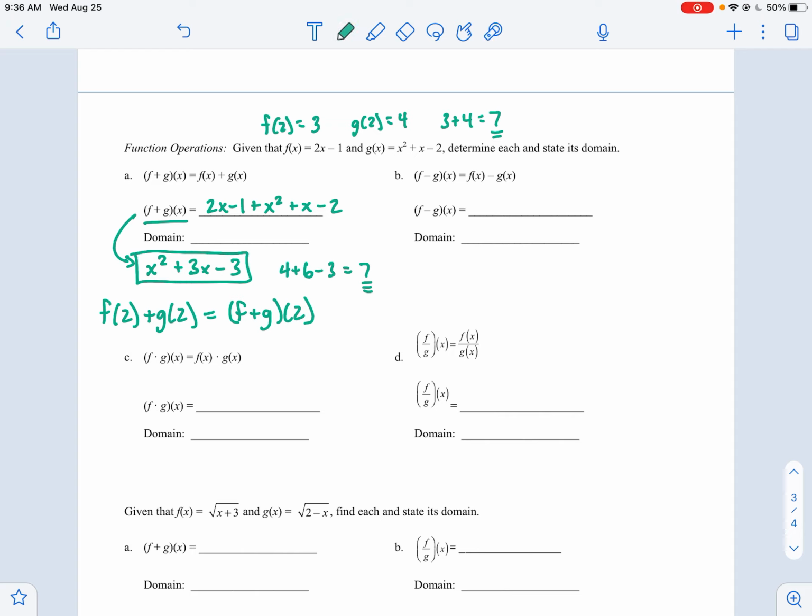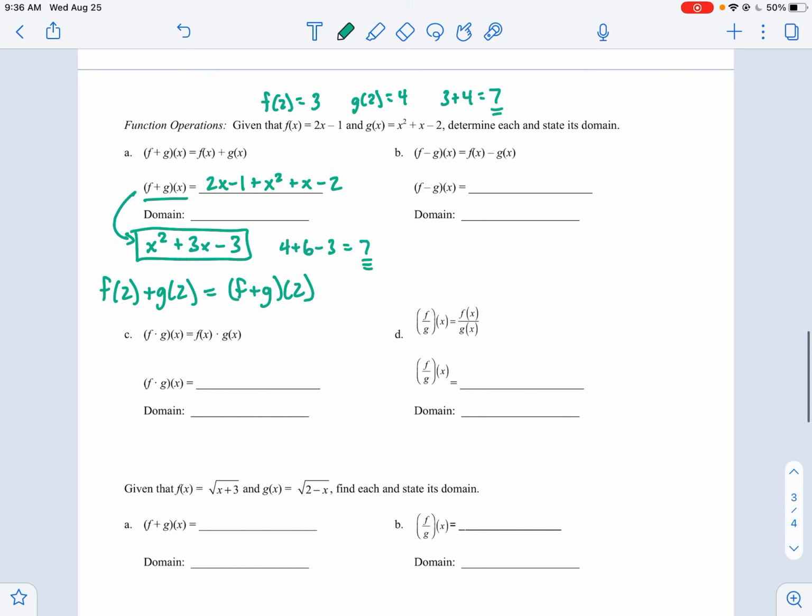As far as the domain goes, the domain is just the intersection of the two. If you look at each individual function, you would ask, what's the domain of f? What's the domain of g? Then the domain of their sum is the intersection of the two.